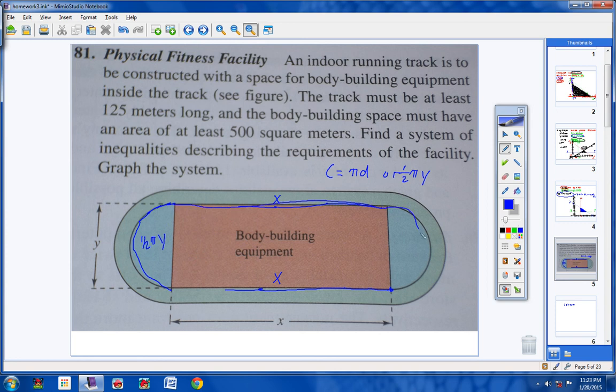And from here to here would be what again? Well, it would be 1/2 pi times y. And then we know the distance from here to here is x. So that's 1 lap all the way around.